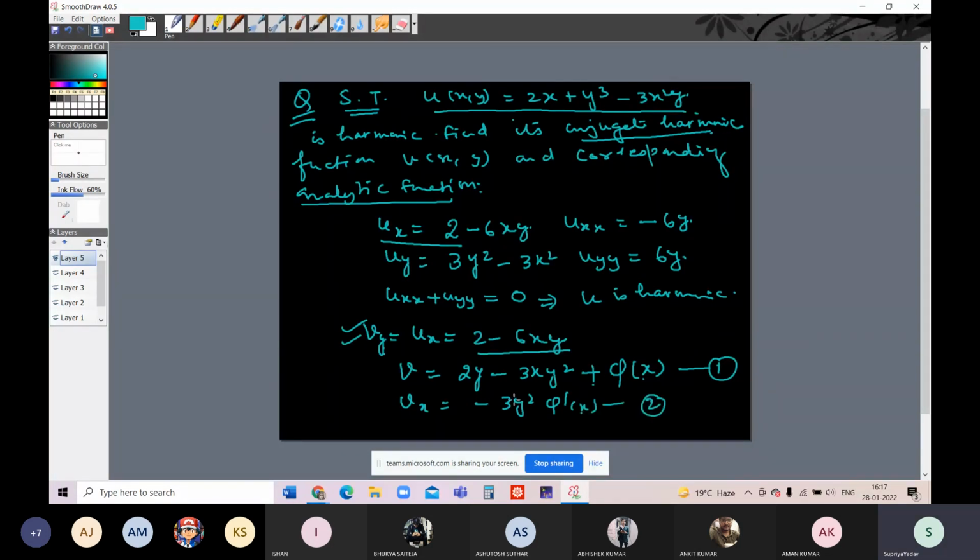Now from here we will get v_x, which will be minus u_y. So we can write the value of v_x here with the help of this u_y, and substitute the value of v_x by this method. One second.